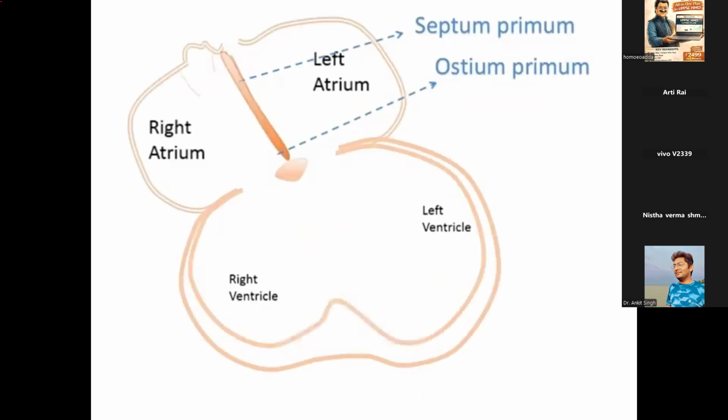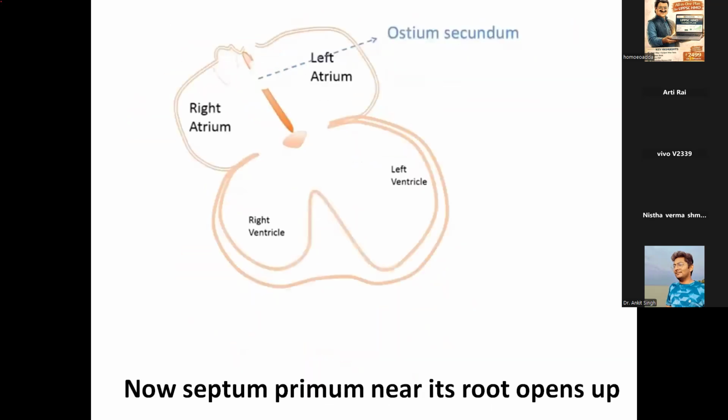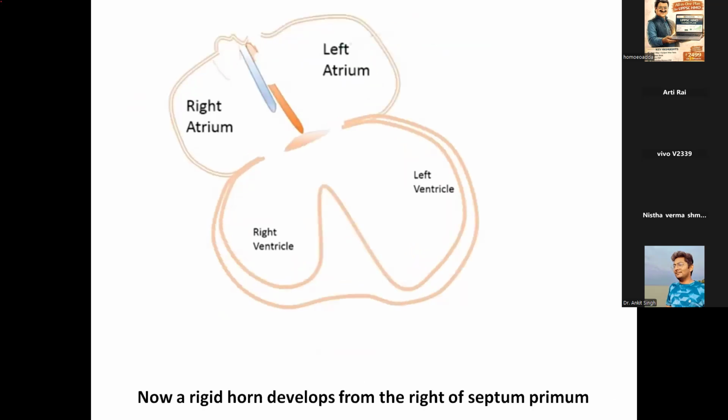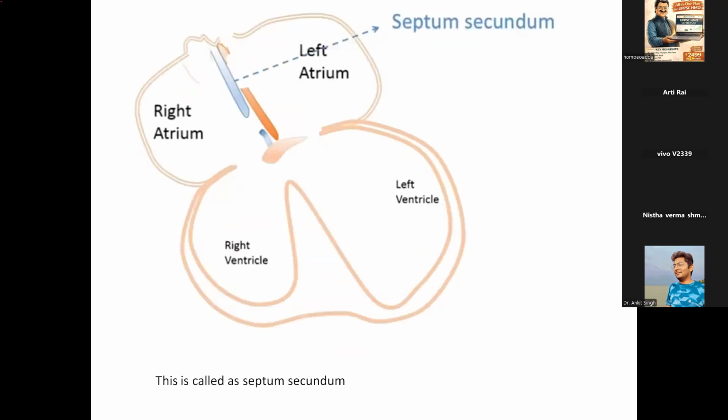From the upper portion, a small portion of the septum primum gets vanished and forms the ostium secundum. Towards its right, another crest or a rigid horn develops and that is the septum secundum. So now there are two septa, septum primum and septum secundum. Okay. So there is a septum primum, septum secundum, ostium primum and ostium secundum.